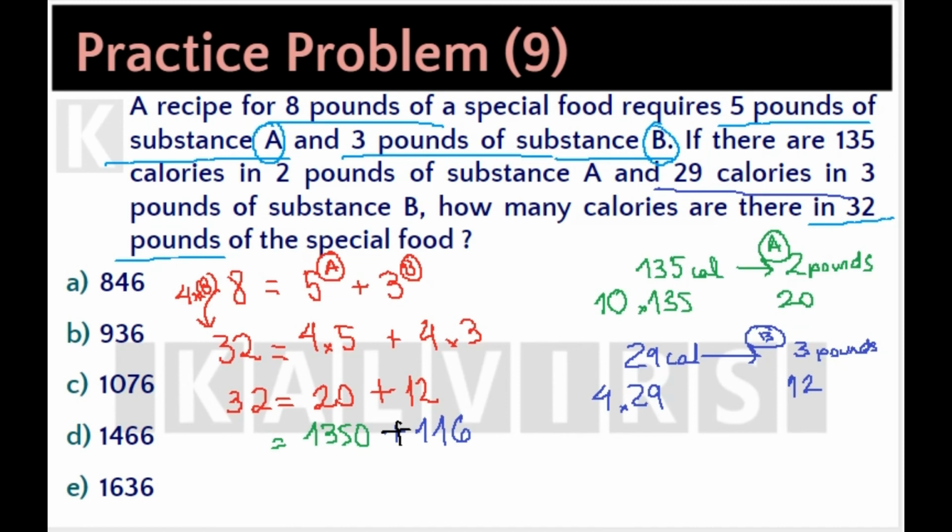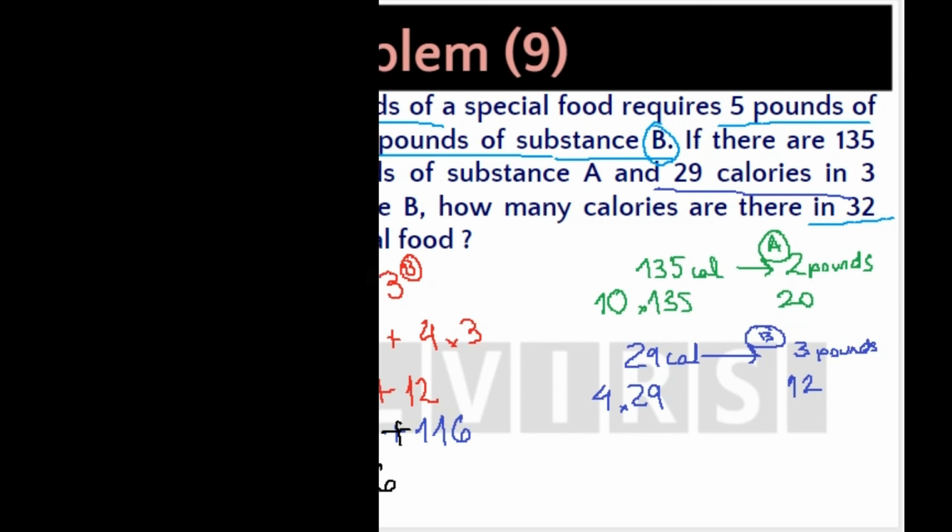So this is 1,350 plus 116, which gives 1,466 calories in 32 pounds of the special food. Choice D is correct.